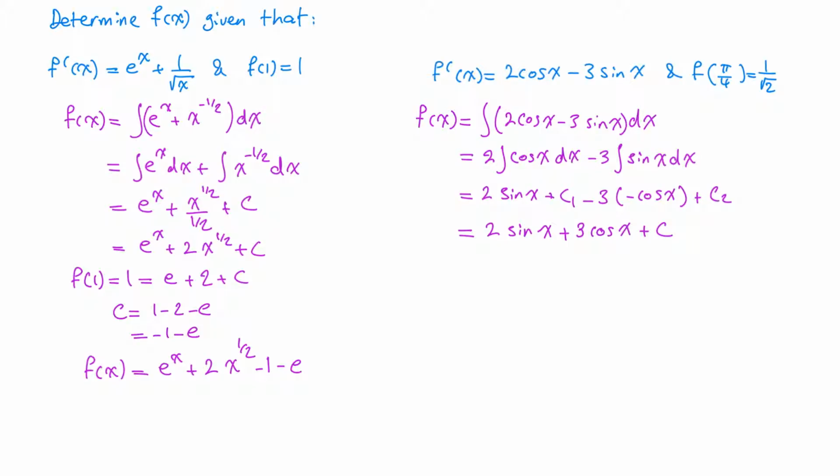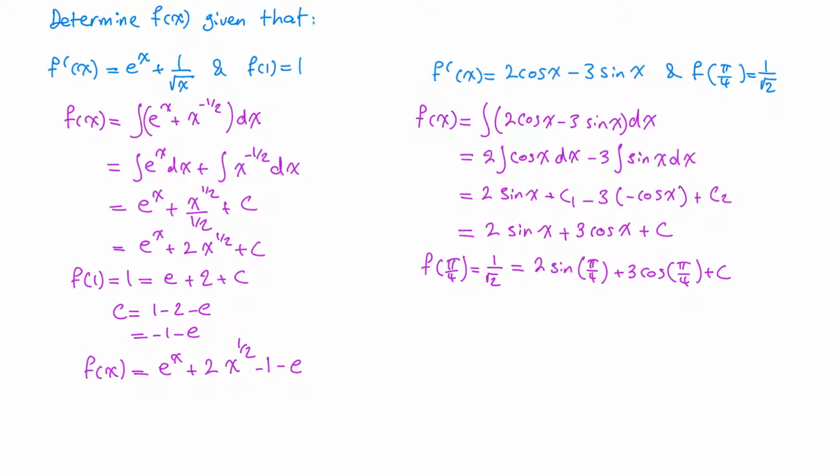Okay, so now I know that at x value of pi over 4, my value is 1 over square root of 2, and that is equal to 2 sine pi over 4 plus 3 cos pi over 4 plus c.